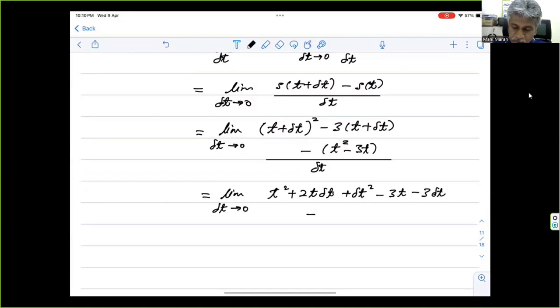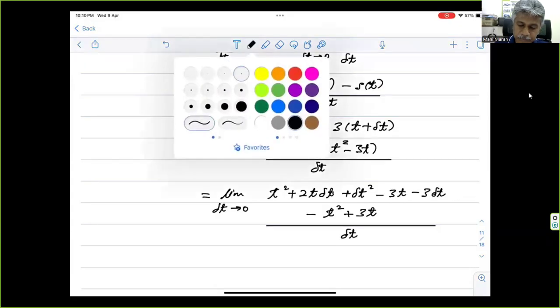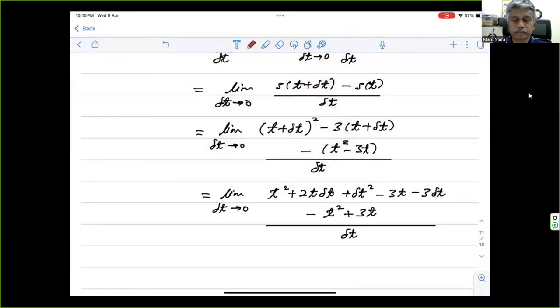And then you got minus t square plus 3t divided by delta t. Okay, so we're just expanding. Squaring, you get this function here. And then here multiply by the 3 inside and remove the bracket, you get minus 3t minus 3 delta t. And then here minus, multiplied by minus will give you plus.